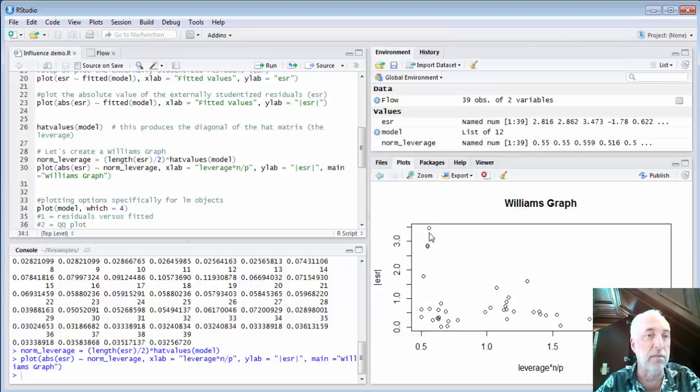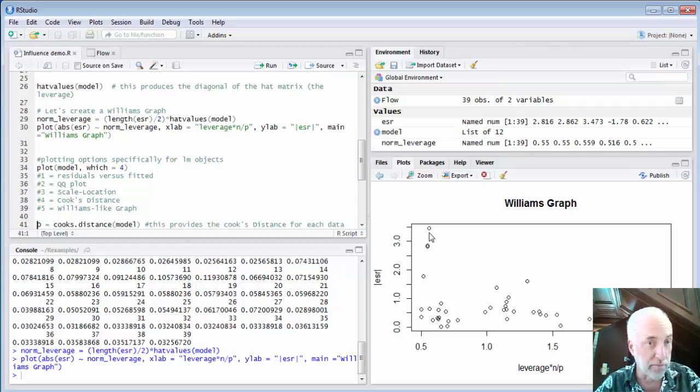This generic plot function has some plots specific to a linear regression model. If I tell it to plot the model, it has 5 built-in graphs that we can use just by saying which equals 1 through 5.